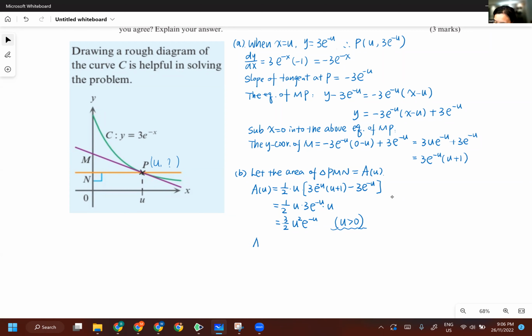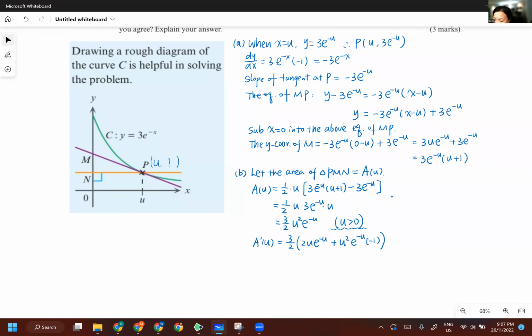Now A prime, dA/du equals 3 over 2 times (2u e^(-u) plus u squared e^(-u) times negative 1). Differentiation.